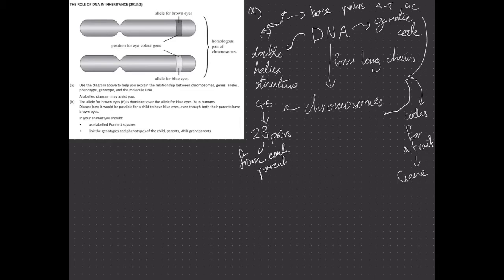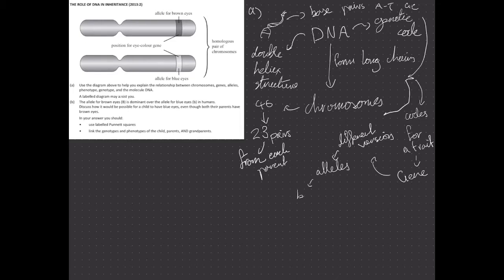Okay, so we've got our chromosomes. Now, our section or our genes, there can be different types. Okay, there's different versions. Those are our alleles. Okay, and we can give an example of different versions of the same gene.